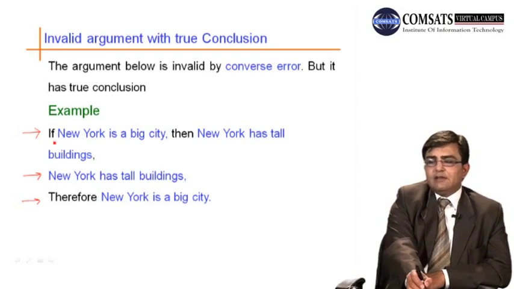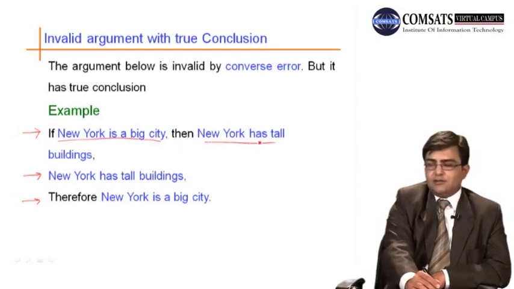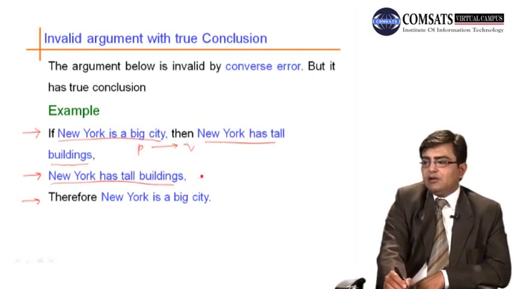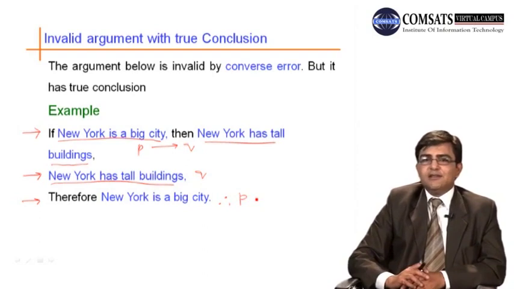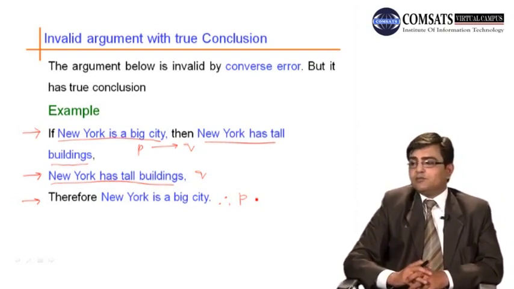If New York is a big city, this is true, then New York has tall buildings. So this is also true. New York has tall buildings. Basically you are saying P implies Q, and you are drawing a conclusion, therefore P.